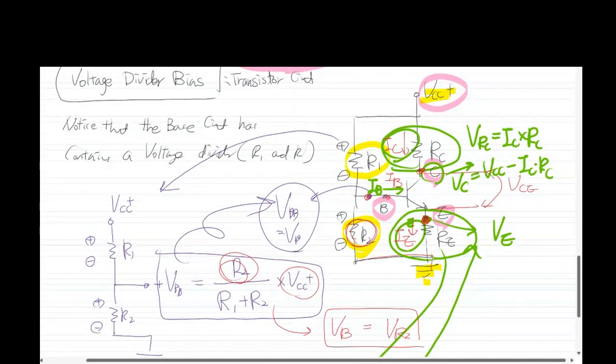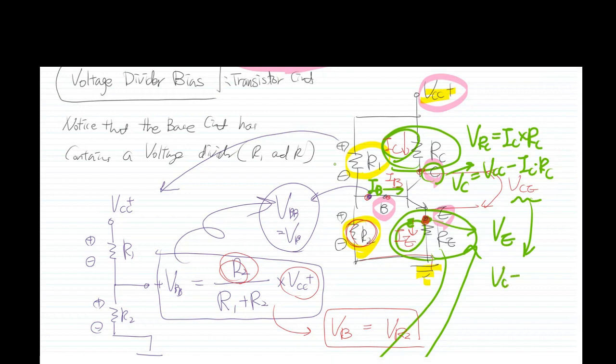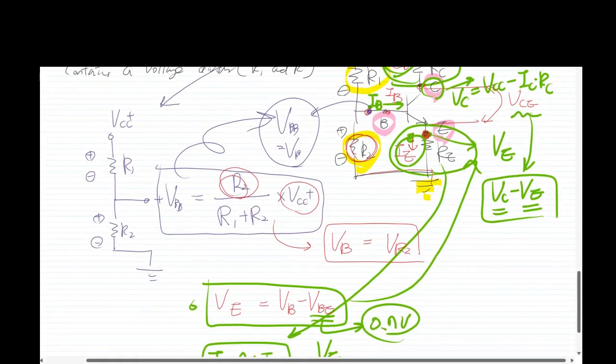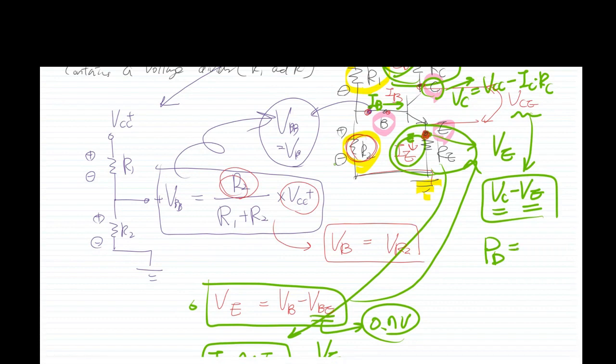And then V sub CE, the voltage between collector and emitter, is very easy: V sub C minus V sub E, because we have already calculated those. And then the same thing, the dissipated power, P sub D, is I sub C times V sub CE.